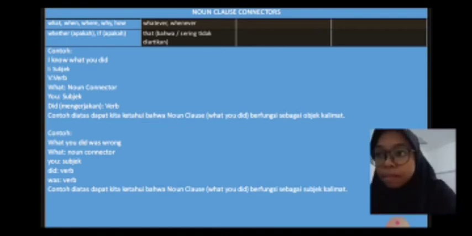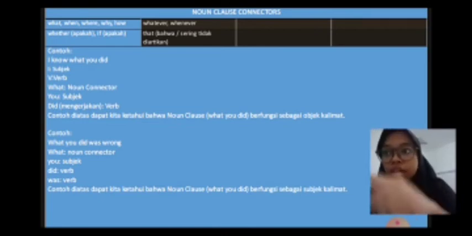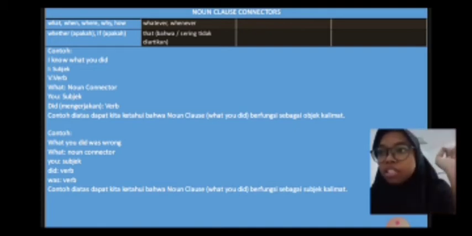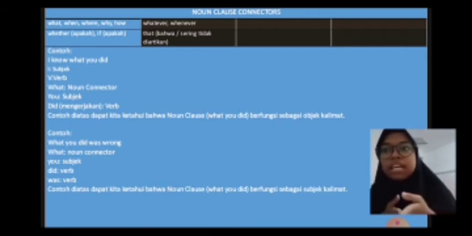The example is, I know what you did. Here, I is the subject, and then what is the noun clause connector, and you is the subject. Why can what be a noun clause connector? Because what explains the previous word, like that.